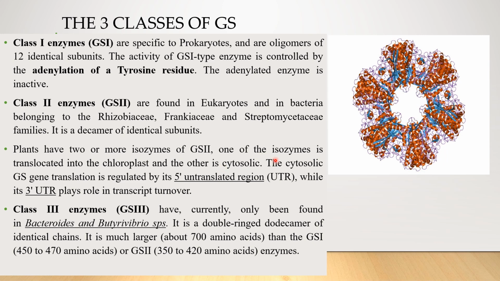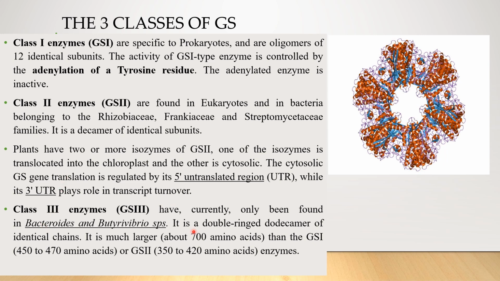One isozyme is translocated to the chloroplast, while the other is found in the cytosol. The cytosolic glutamine synthetase gene translation is regulated by the 5' untranslated region, the UTR, while its 3' UTR plays a role in transcript turnover.